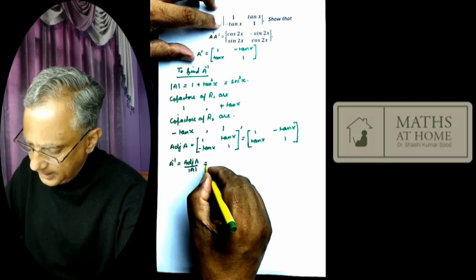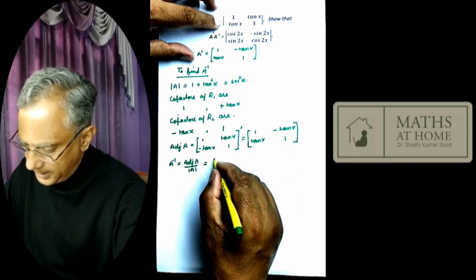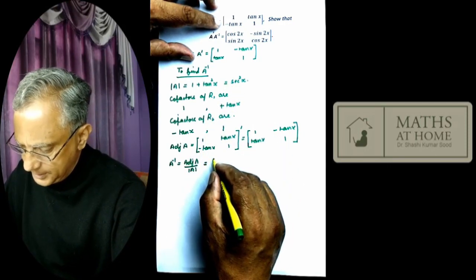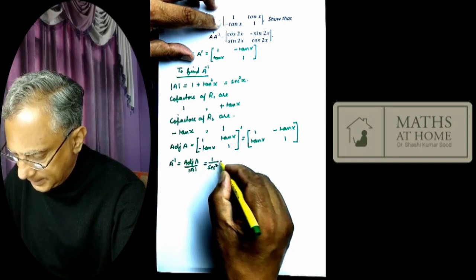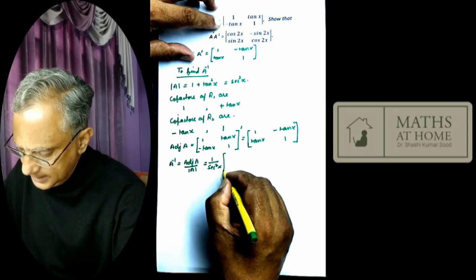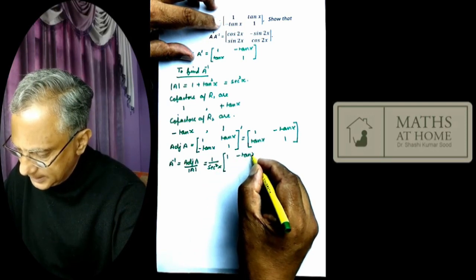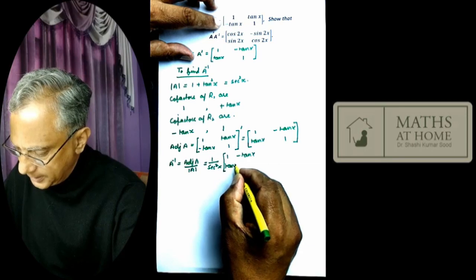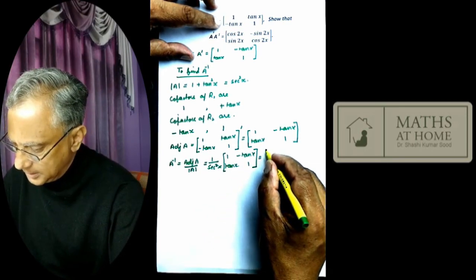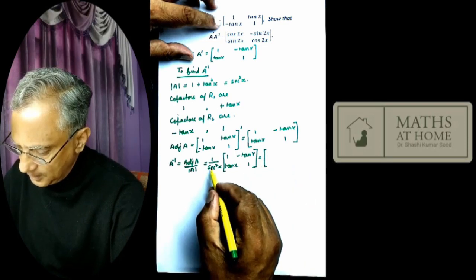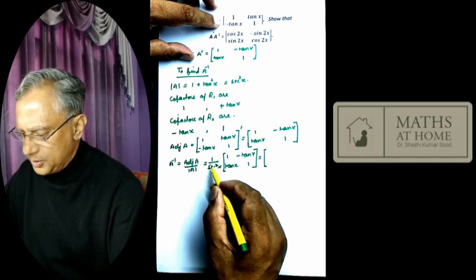determinant of A, and this is equal to, how much is determinant? Determinant is 1 by secant square. So 1 by secant square x into 1 minus tangent x 1, and this is equal to, now multiply each and every entry by 1 by secant square x.